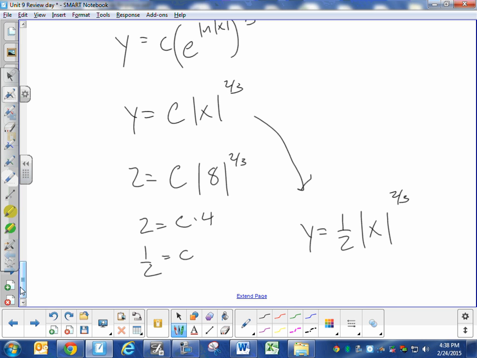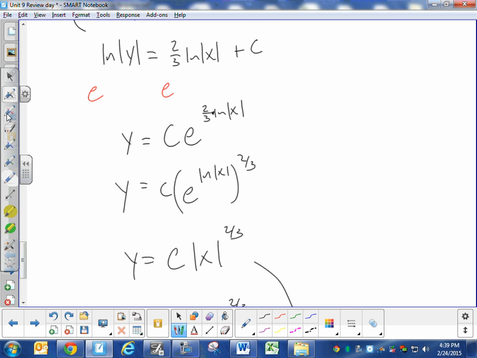Now, let's say you didn't simplify all the way here, and let's say you just stopped here. Well, this could be a solution. This is totally fine. It is in the form of y equals. You would just have to plug in 2 is equal to c e to the 2/3 log 8. And maybe you don't see how you can simplify this. Well, you could just tell me that c for your answer is 2 over e to this.